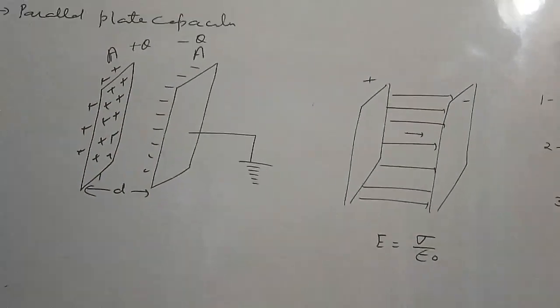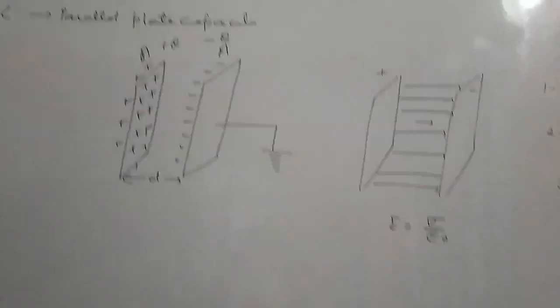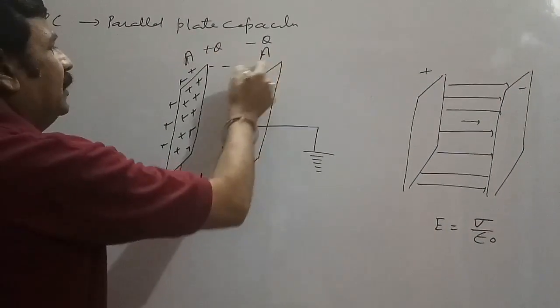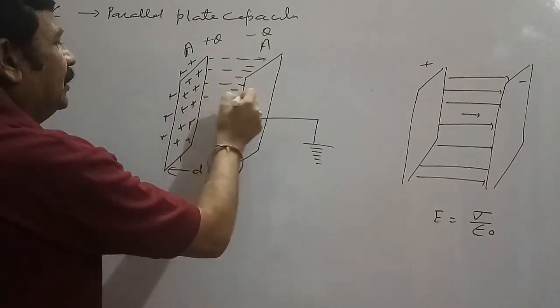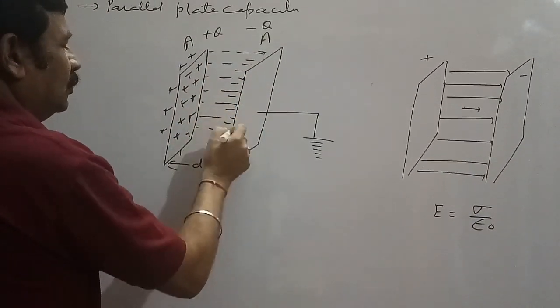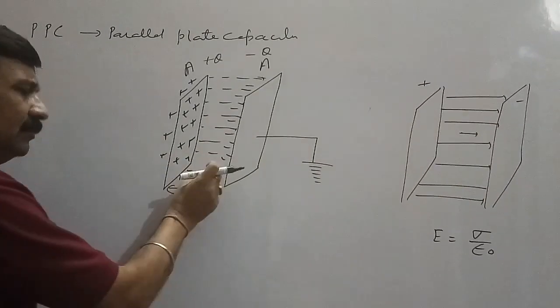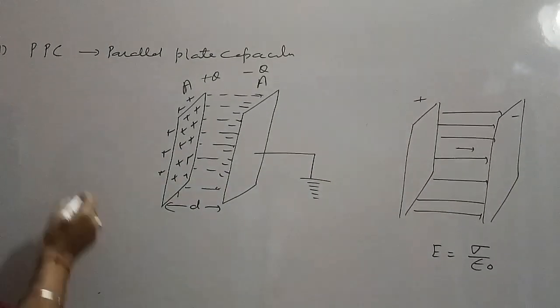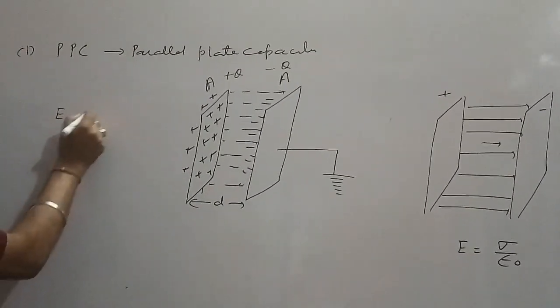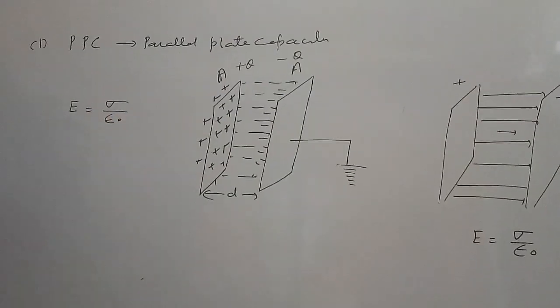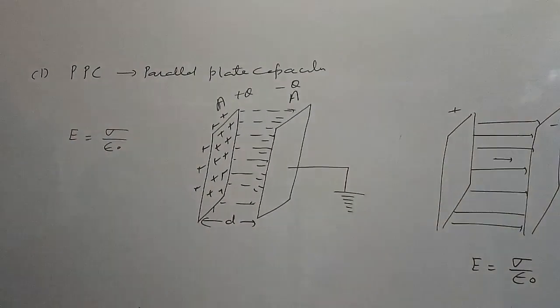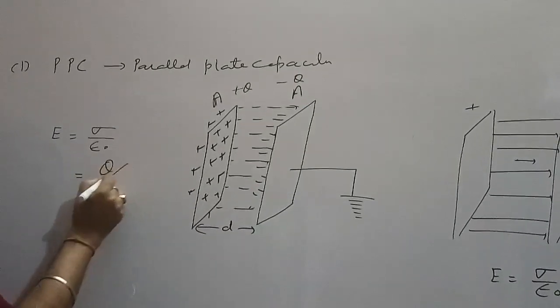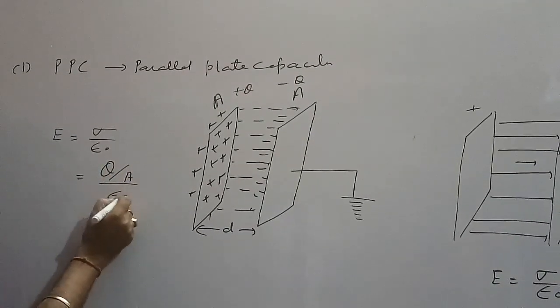Same situation is here. We have two oppositely charged plates. In between them there will be a uniform electric field region. Anywhere between these two plates the intensity will be sigma by epsilon naught. Sigma is called surface charge density, charge per unit area, upon epsilon naught.